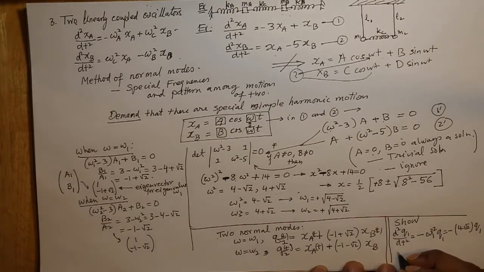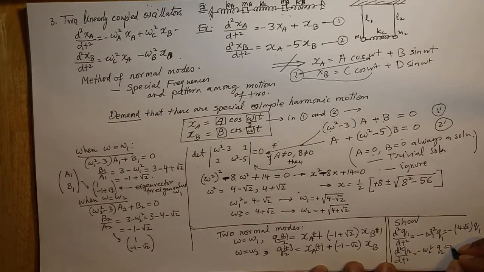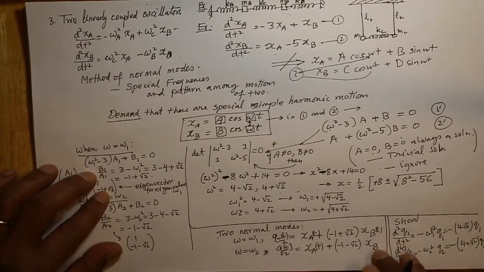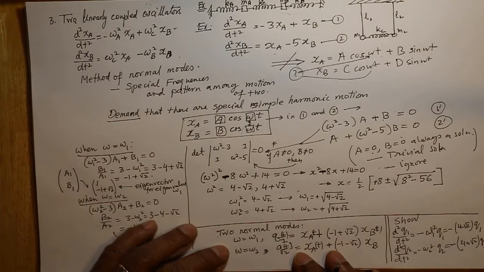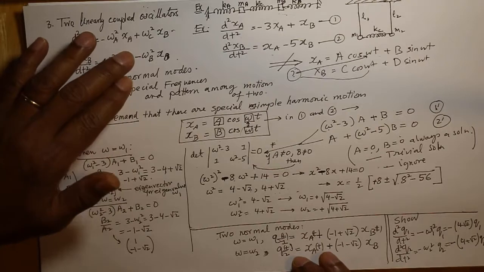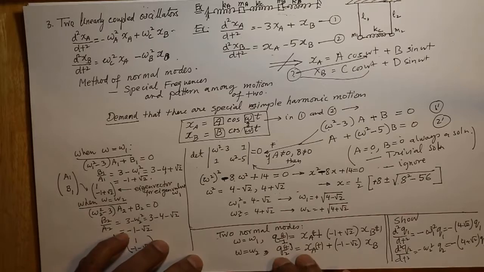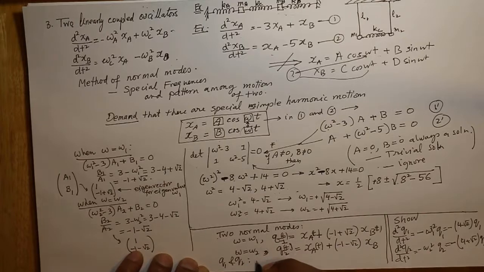Similarly, d square Q2 dt square is minus omega 2 square Q2, which is minus 4 plus square root 2 Q2. These are normal modes. They are not the full solution. They are not telling me what XA and XB are, just what Q1 and Q2 are. They're also not telling me, if I start out at some arbitrary points in A and B, where they will be at different times. Q1 and Q2 are called normal coordinates.